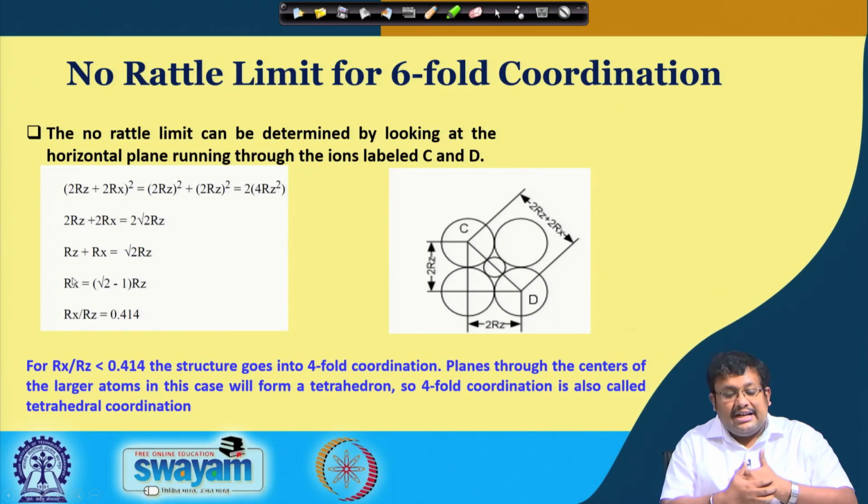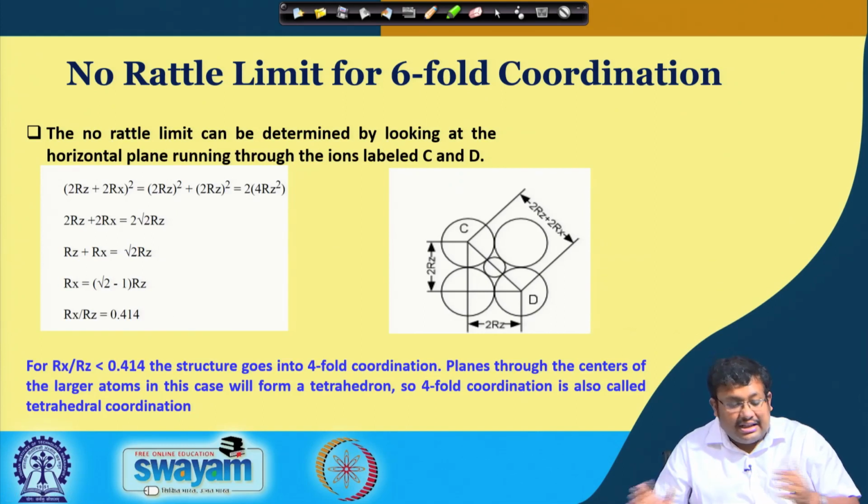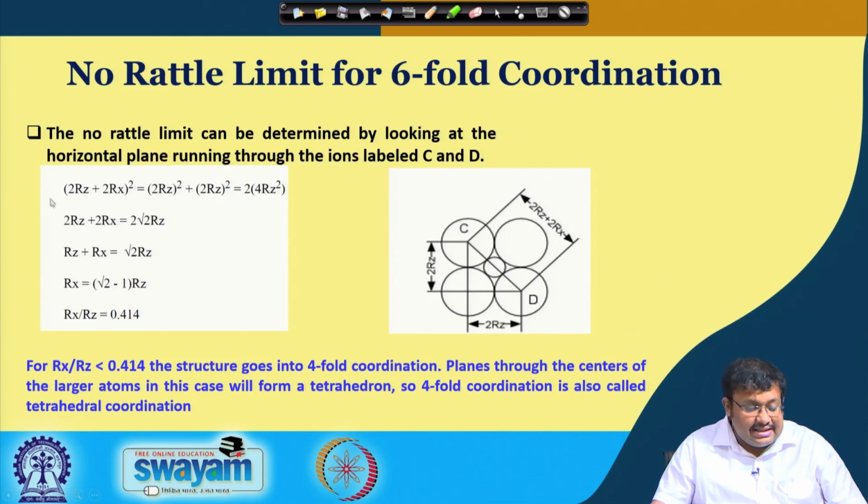The no rattle limit can be determined by looking at the horizontal planes running through the ions labeled C and D. These are the two ions labeled C and D, and based on the Pythagorean theorem, the square of this line, 2 Rz plus 2 Rx, is equal to 2 Rz squared plus 2 Rz squared, because both of them are the same.